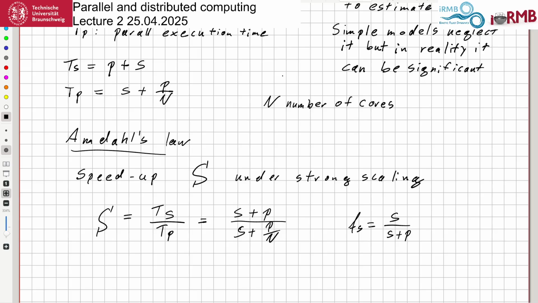This is the entire problem. And this is the serial fraction. And then there's, of course, the parallel fraction, which is the parallel part of the program divided by the entire work that has to be done. So this is the parallel fraction.